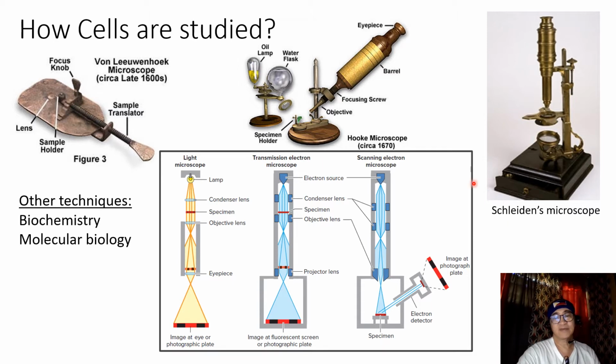And at the center of this slide are the diagrams of the light microscope on the left and electron microscopes on the right and the center column. You have the transmission electron microscope diagrammed here, and onto the right you have the scanning electron microscope. Now the main difference between the light and electron microscope is the illuminating medium that is used and the magnifying device that is used.